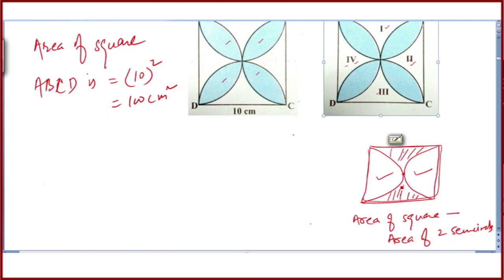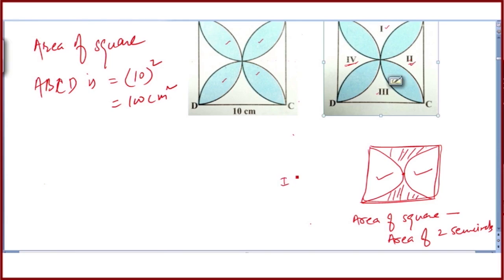Okay. Now these areas 4 and 2 are also the same. Why? Because this figure is symmetric, right? How do you obtain area 2 plus area 4? By subtracting two semicircles from the square, and this was exactly the same way we got area 1 plus 3.